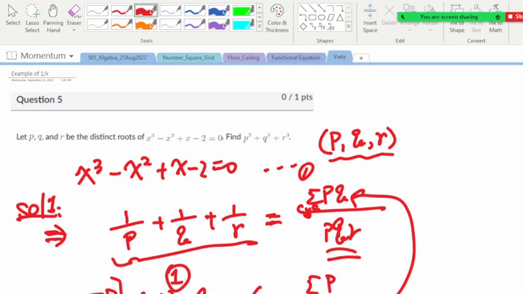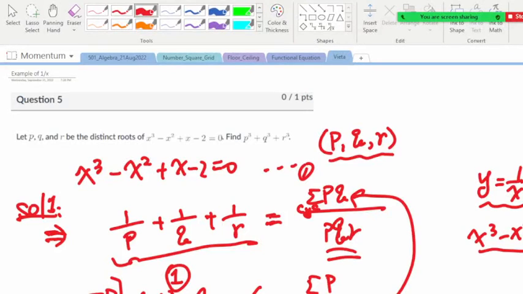Okay, so the second one, how to use it? You can think about it. Let's think. If I say y equals 1 over x, right? I'm saying if this polynomial x cubed minus x squared plus x minus 2 can be written as x minus p, x minus q, x minus r, are you making an expression whose roots are the reciprocals?